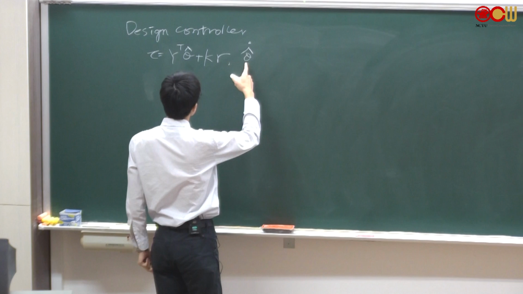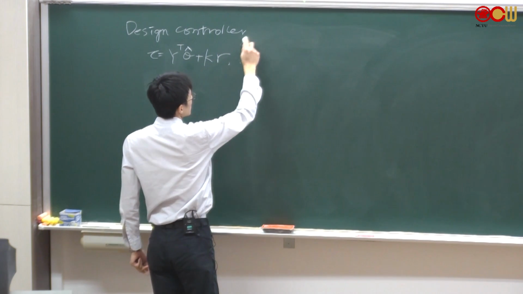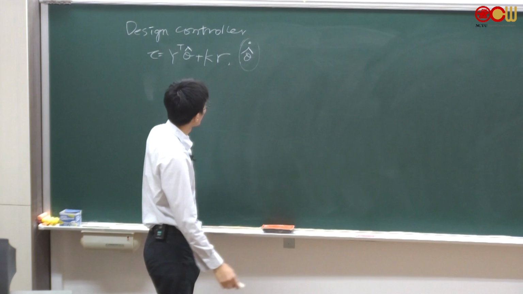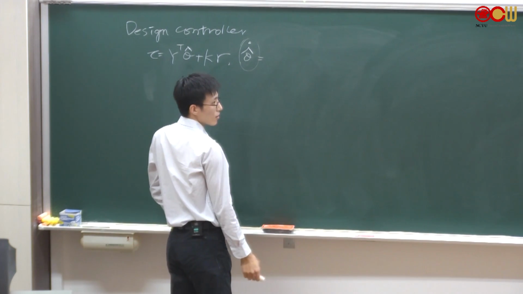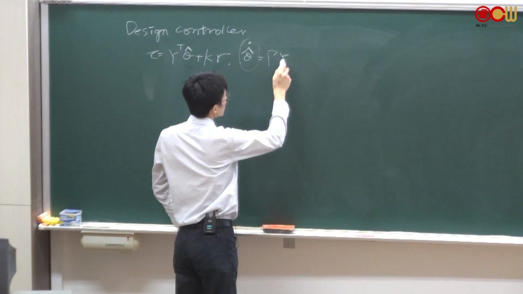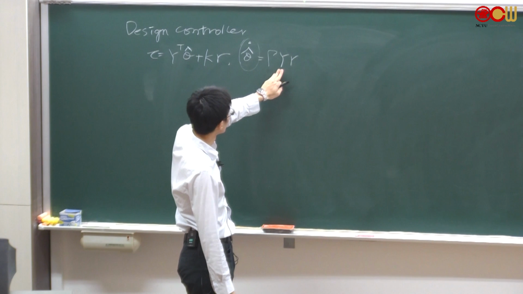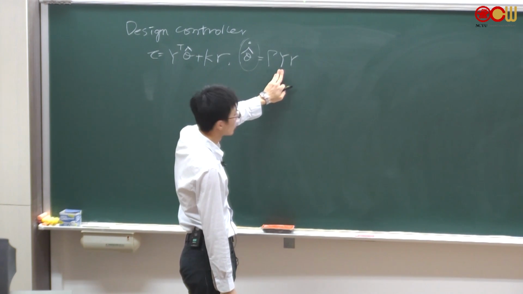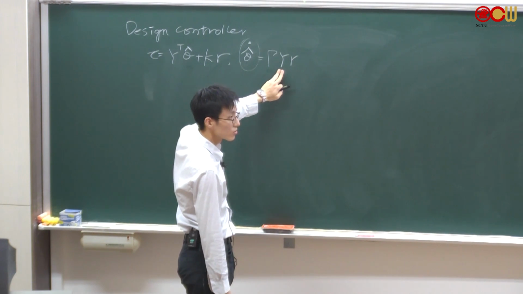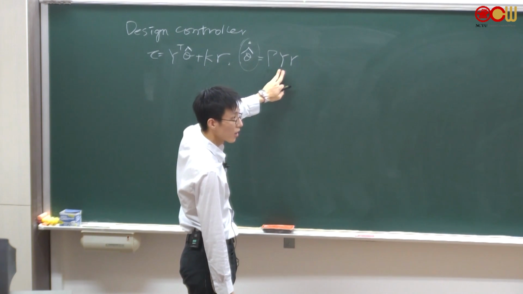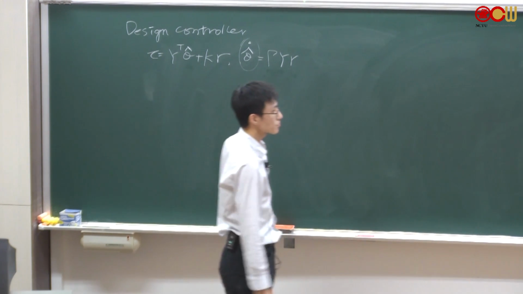And so you have to learn the dynamics, theta hat dot, which is designed to be a gain times the regression matrix Y and R, the filtered tracking error signals.